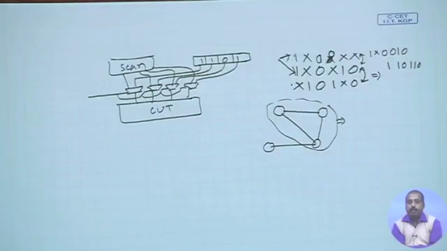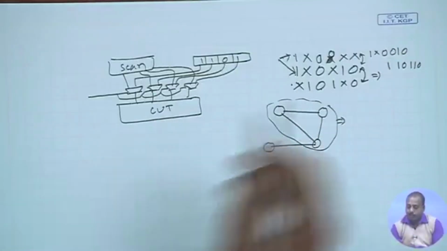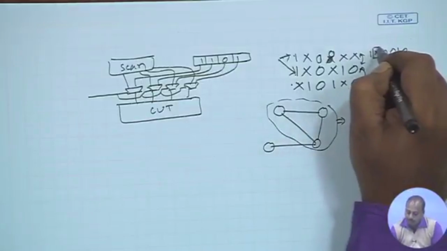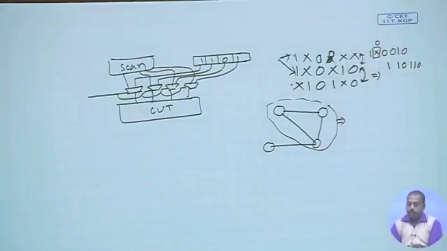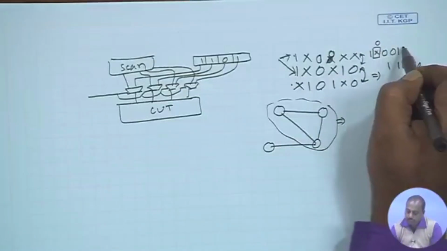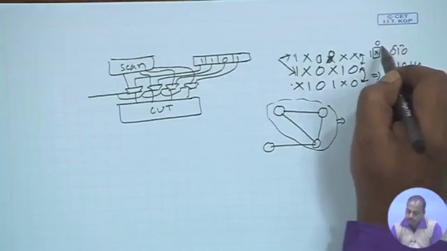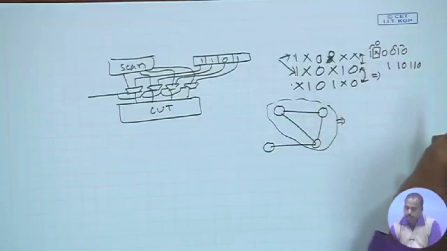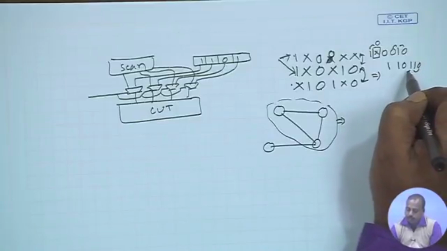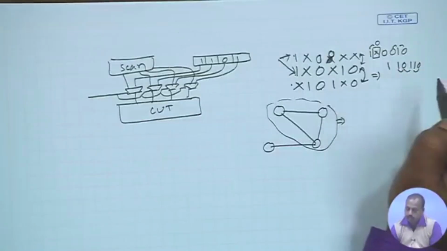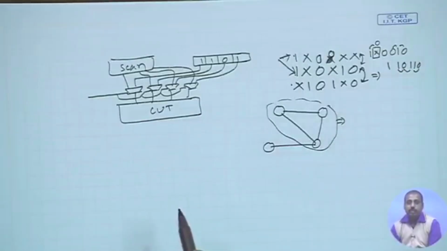If this do not care bit is still free in my hand, I can make it a 0. When it is going through a scan chain, you see there is a transition here, a transition here, and a transition here. So, I can see 3 transitions, whereas in the other case I have got a transition here, and a transition here. In this case also I have got 3 transitions, but in general what can happen is that these two mergings can give rise to different numbers of transitions in the scan chain.